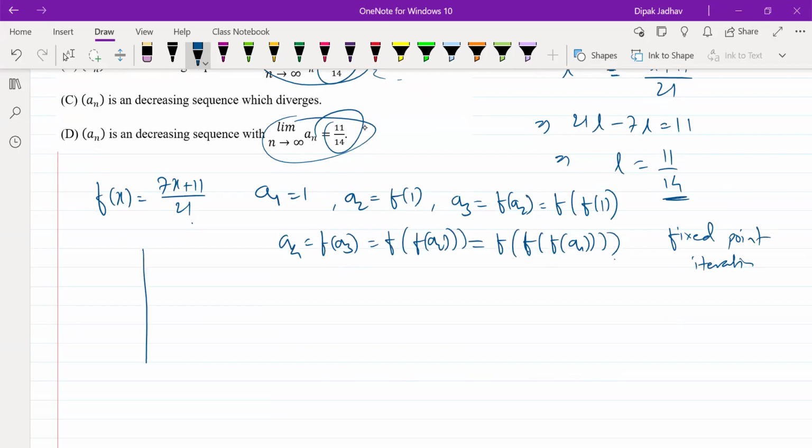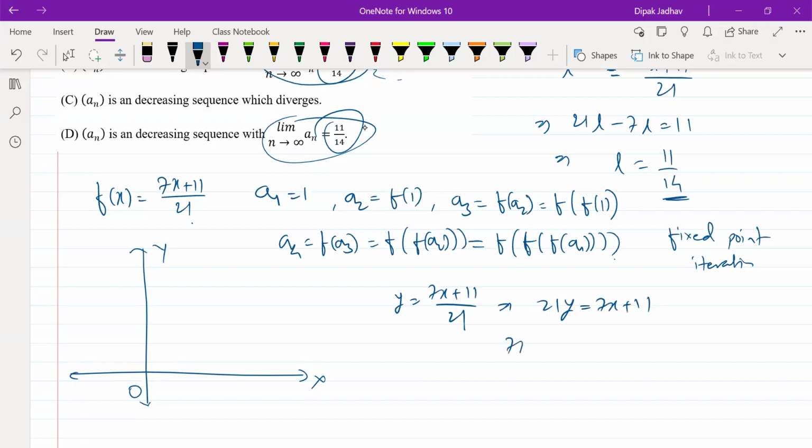Geometrically, it's a very nice concept. Take the x-axis and y-axis. There is y equal to (7x + 11)/21. This means 21y equals 7x plus 11, so 7x minus 21y equals minus 11. That's a straight line.